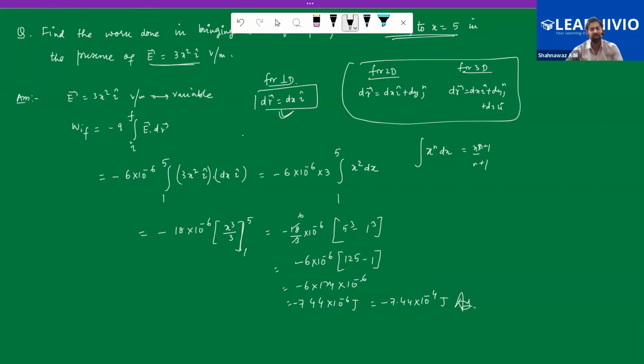Quickly note this down, and then we will understand the idea of work done and potential. But before that, we'll talk about the electric potential.